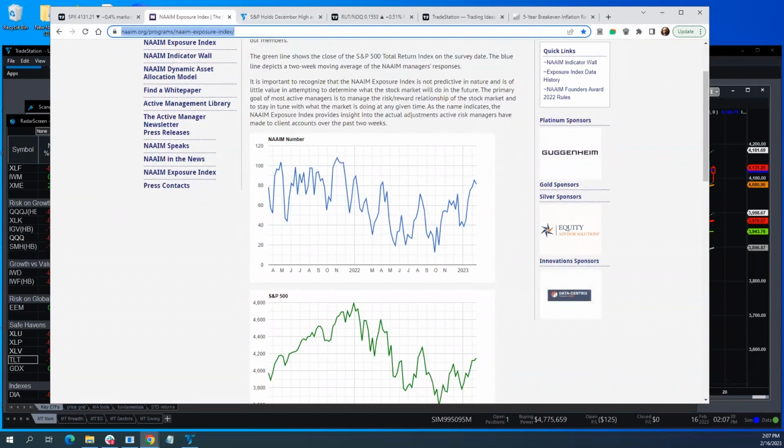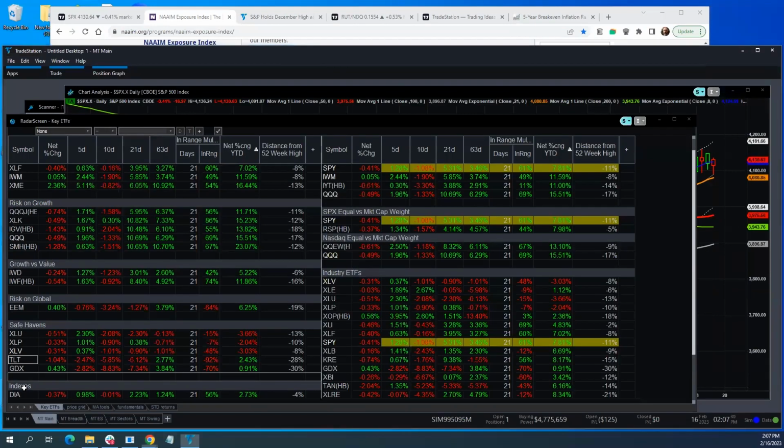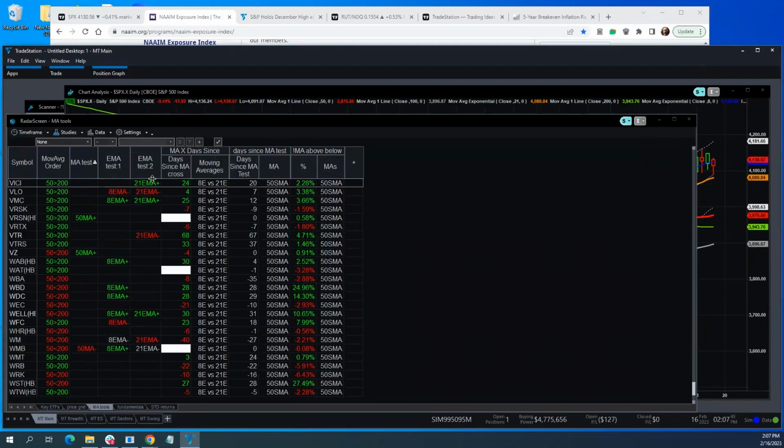All right, so let's look at some of the other points I have here. Remember, you want to go... is the MA test indicator available in the download section? Yes, MA test. There's also EMA test. So MA tools, this should work for you. This works, this radar screen. In fact, make sure you get the ELDs.